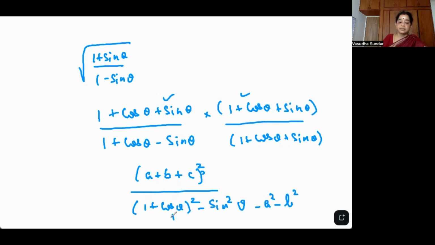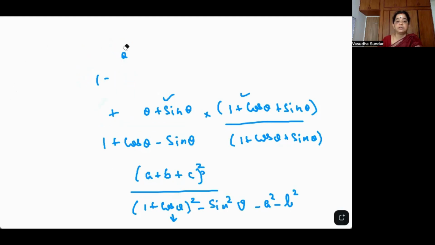Then you expand this as (a plus b) whole square, and then you manipulate. Manipulate means you go step by step, reduce it, simplify it, and then try to get the RHS. As I said, you should keep track of what the examiner wants.